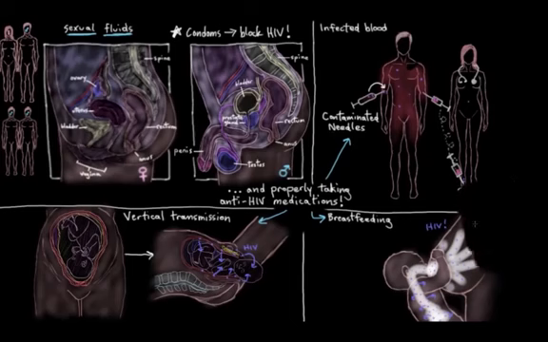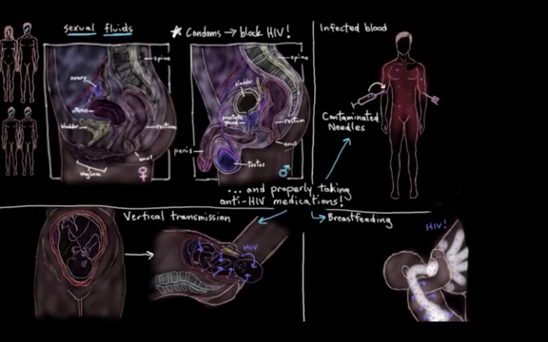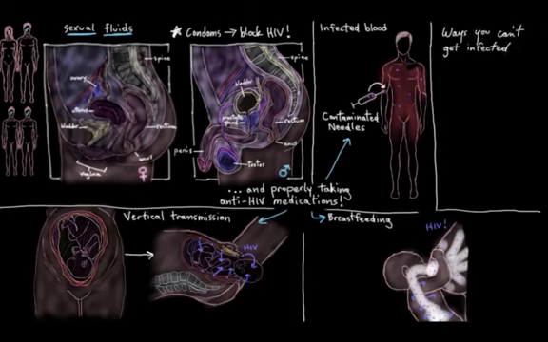The second thing is that these are all ways you can contract an HIV infection. But I think it's worth mentioning a few ways you can't contract an HIV infection that might not be well known, or that there might be some myths around. Unless any of these has been contaminated by infected blood, HIV is not transmitted by body fluids like saliva, tears, sweat, urine, or feces.